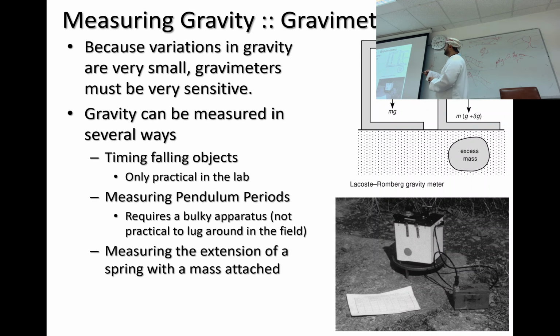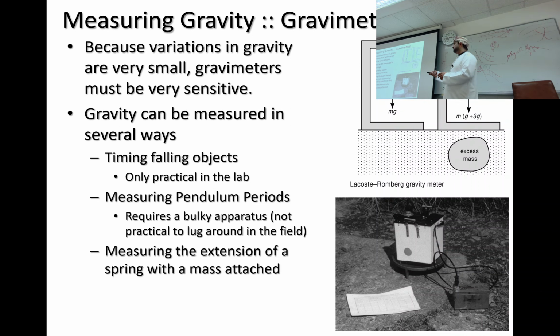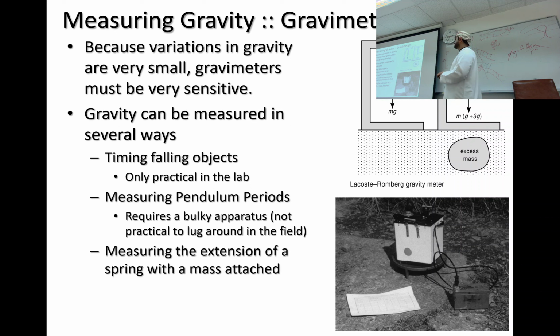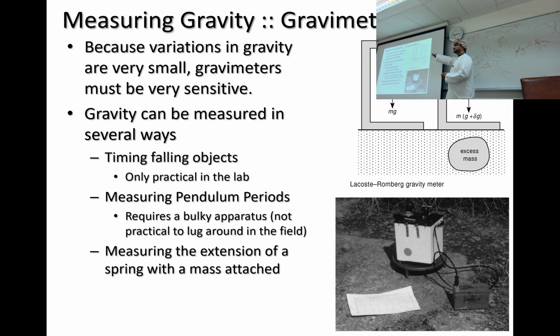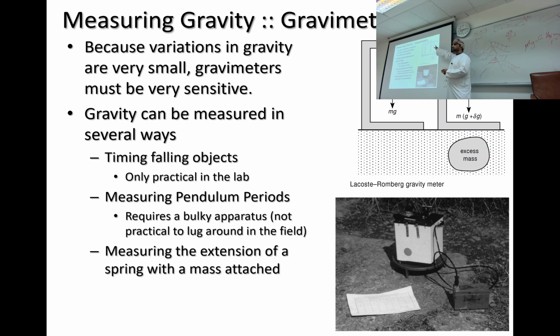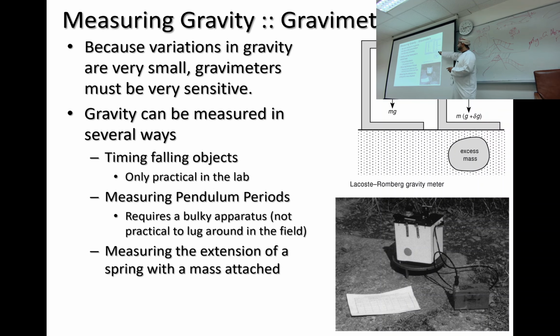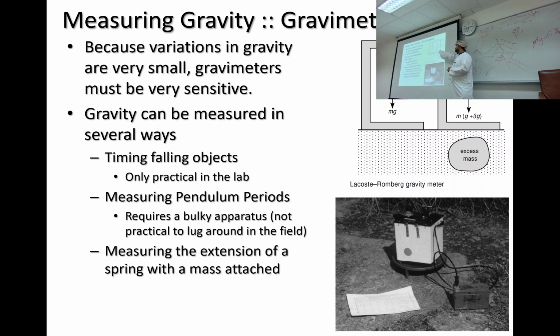Hooke's law is mg, mass times g. So if there is any small extension, what has changed? Not the mass, it's the same mass. What has changed? Gravity plus delta G. So that's delta G.